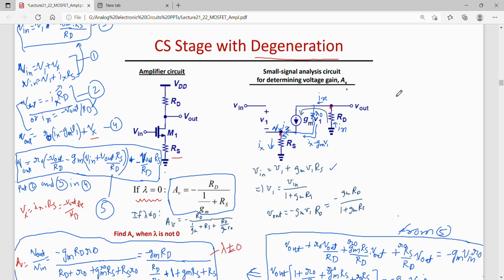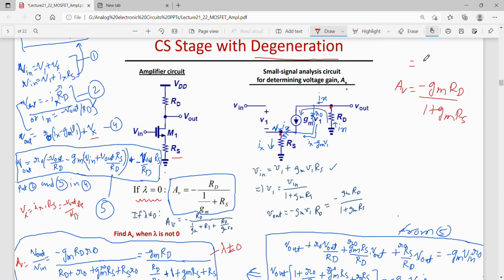Okay. Knowing that the gain of a common source amplifier with source resistance is minus GMRD by 1 plus GMRS. Okay. So one can directly write the gain as minus GMRD by 1 plus GMRS. So this is very similar to the gain of a common emitter amplifier with emitter degeneration resistance, which was minus GMRC by 1 plus GMRE.